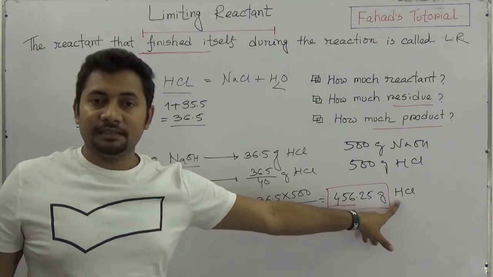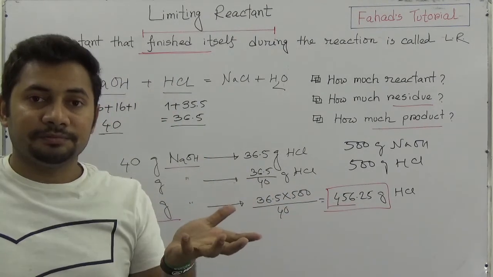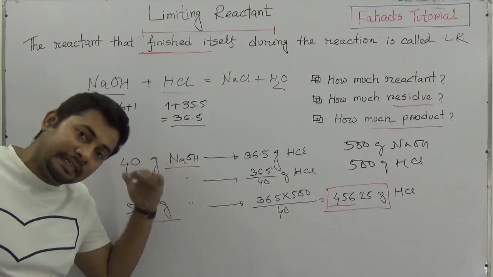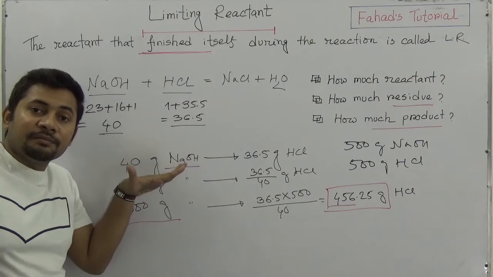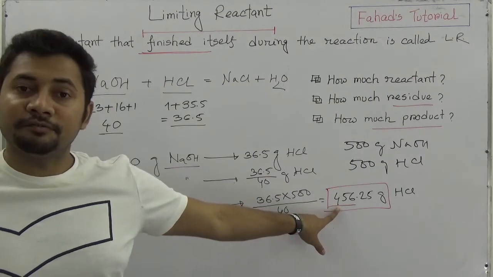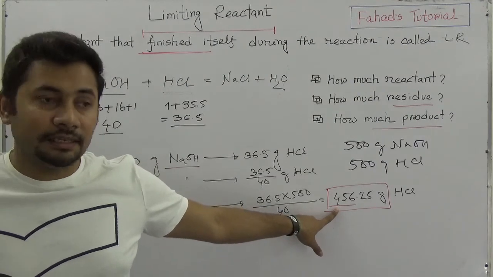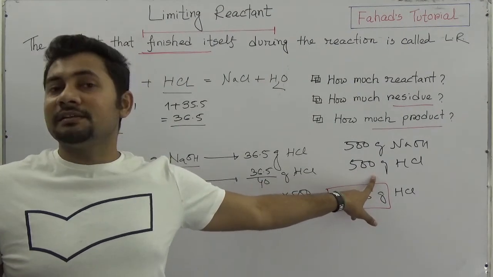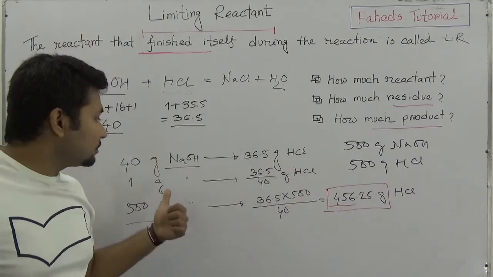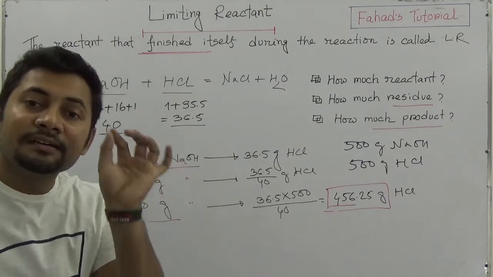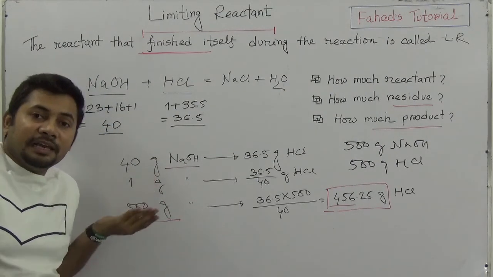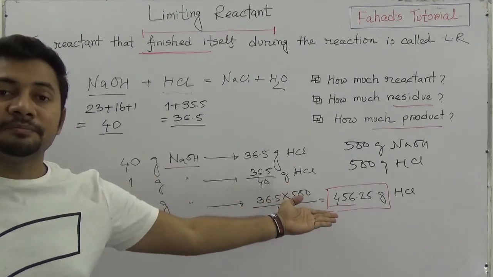So HCl would be the residue, because 500 gram sodium hydroxide is already reacted. So 500 gram sodium hydroxide will end after reacting with 456 gram HCl, but 500 gram HCl was present considering my data. So here sodium hydroxide is the limiting reactant. It will end because this 500 gram will end after reacting with less than 500 gram.